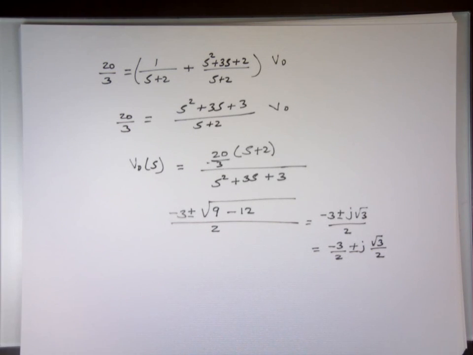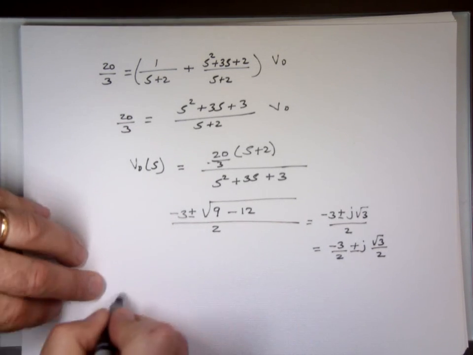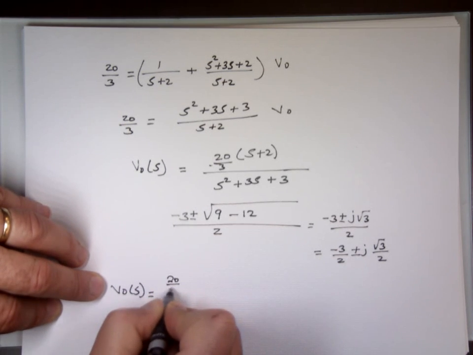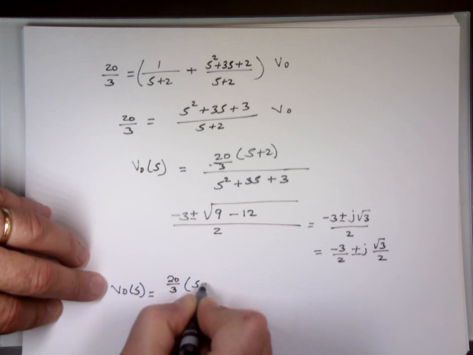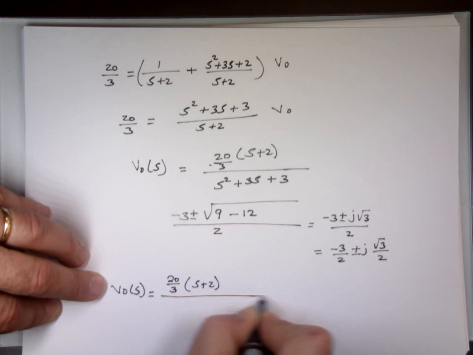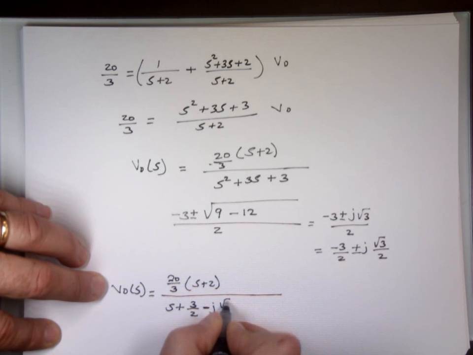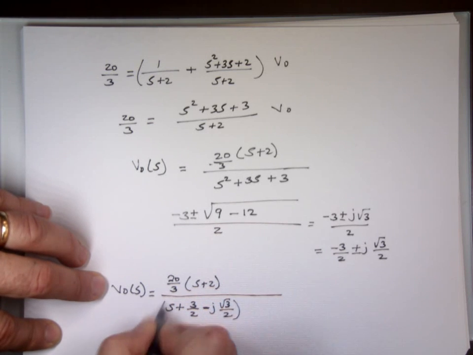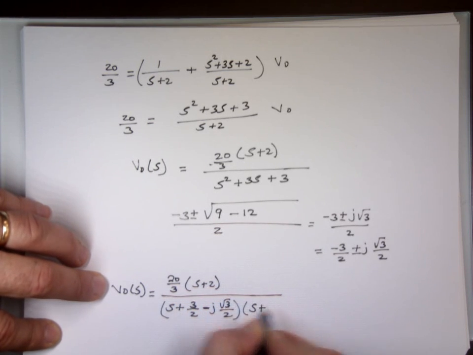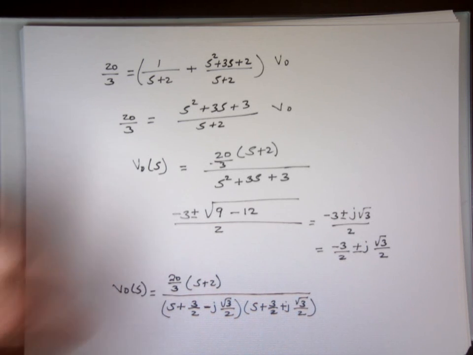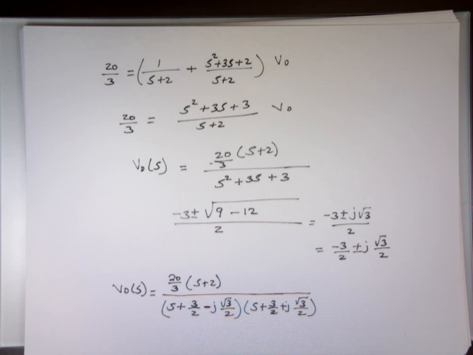So you can write V out over S. Might be easier if I use numbers instead of leaving it the way I left it there. But this is S plus 3 over 2 minus j the square root of 3 over 2 times S plus 3 over 2 plus j the square root of 3 over 2. Complex roots, which I can factor into what?